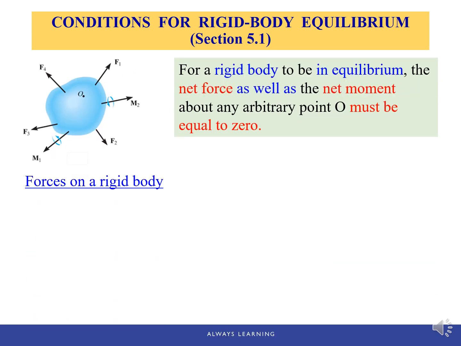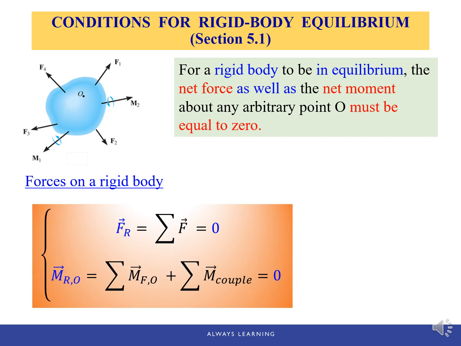For a rigid body to be in equilibrium, the net force as well as the net moment about any arbitrary point O must be equal to 0. Those two equations need to be satisfied at the same time. The first condition means this rigid body doesn't have translational motion because force will cause translational motion.